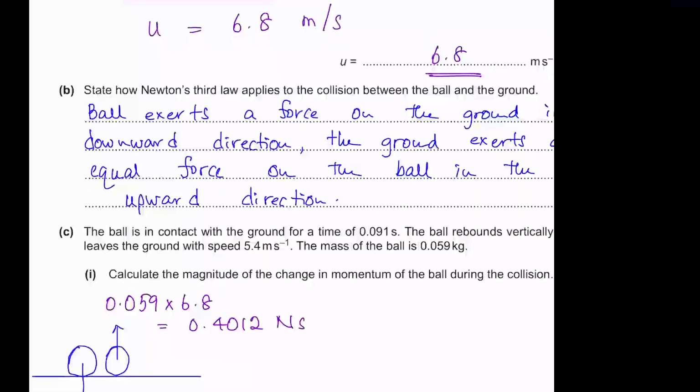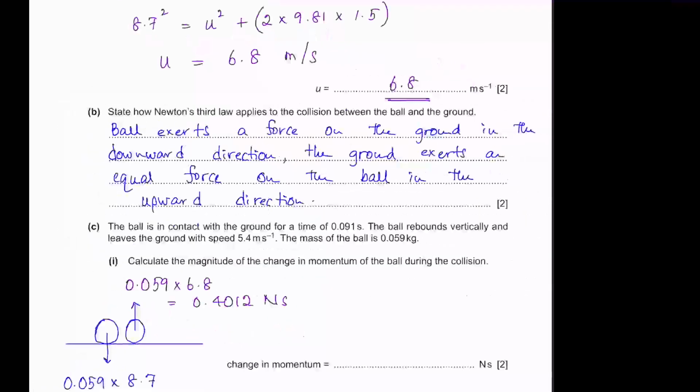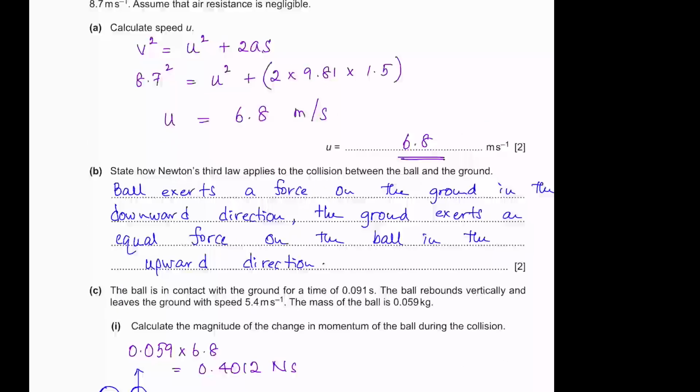So now, 0.4013 is the rebouncing momentum. 0.5133 is the hitting momentum. What will be the change in momentum? How do we get the change in momentum? You have to add them together.